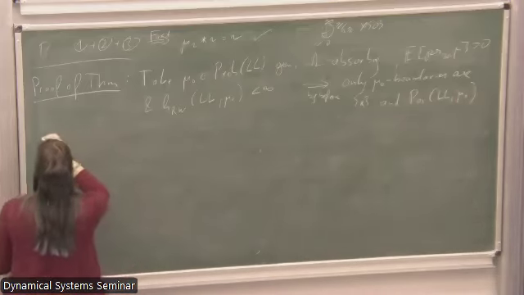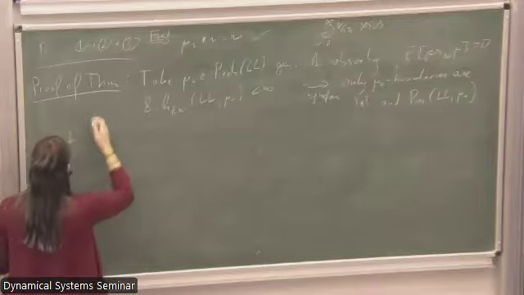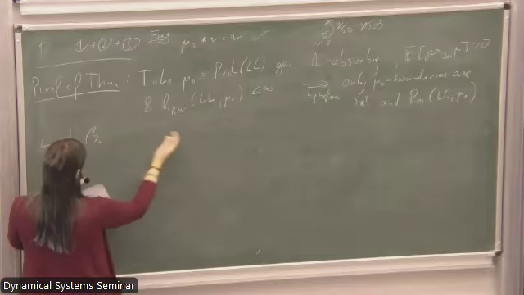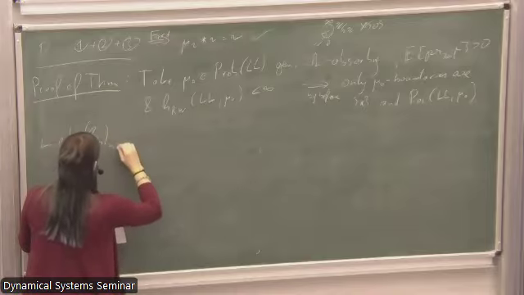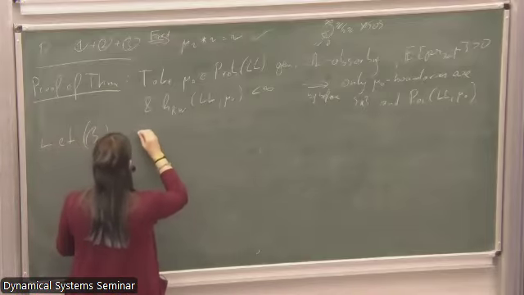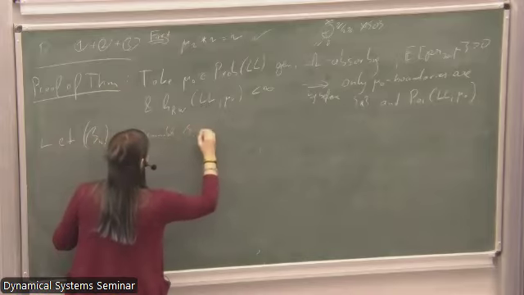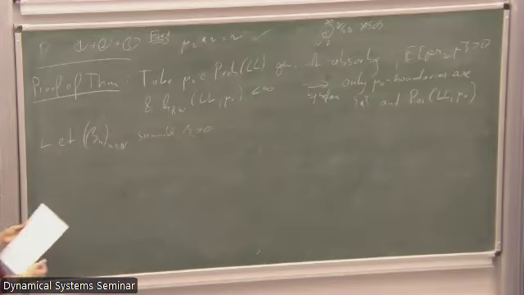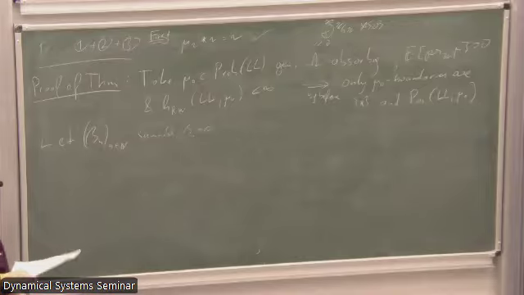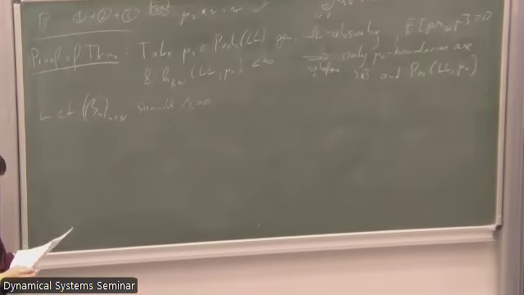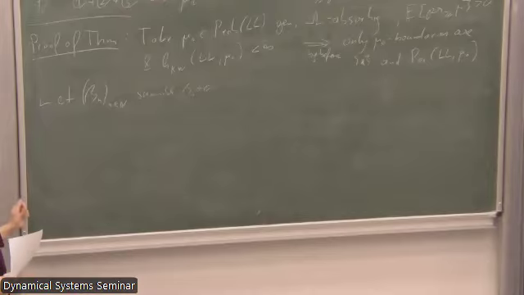Okay, now it's still in the proof, but I write it here because I need more space. Let beta be this summable, nice sequence of positive real numbers. What do I now want to do?